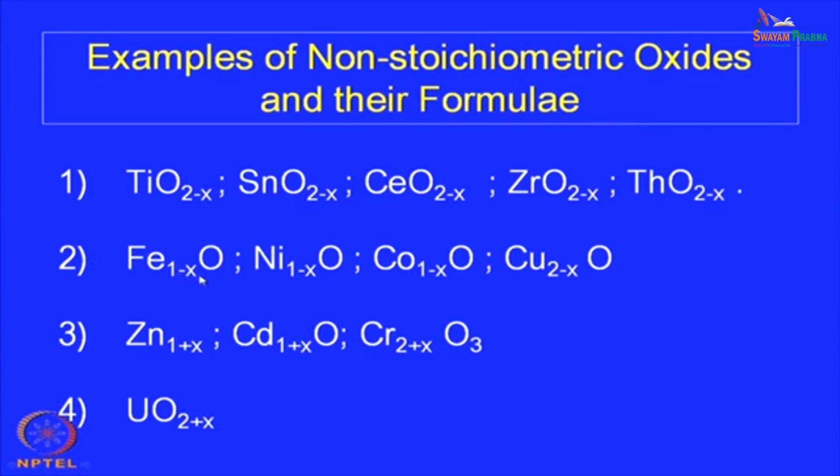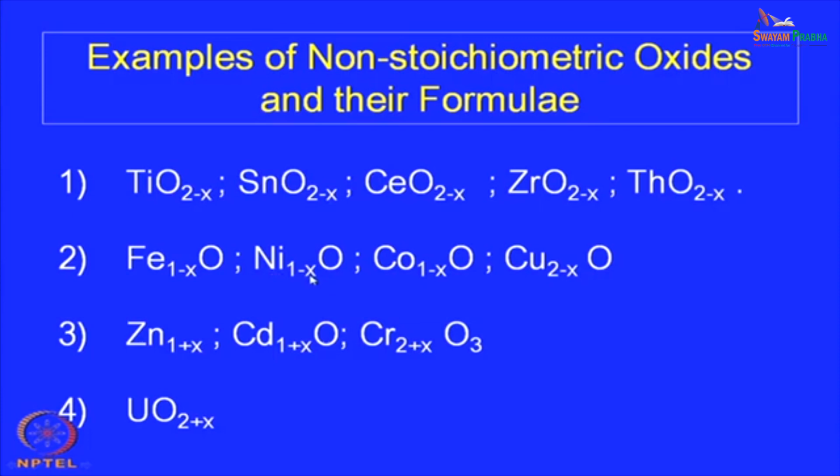Here these are metal vacancies. We have written these oxides in the form of Fe 1 minus X O, not O x minus 1. First of all, it is not an oxygen deficient, it is metal deficient. Now, metal deficiency can be either by metal vacancy or oxygen interstitial. But in this case it has been found that the metal deficiency is because of metal vacancy.